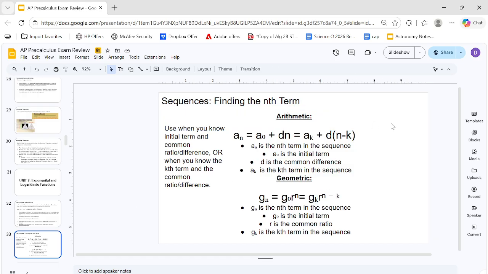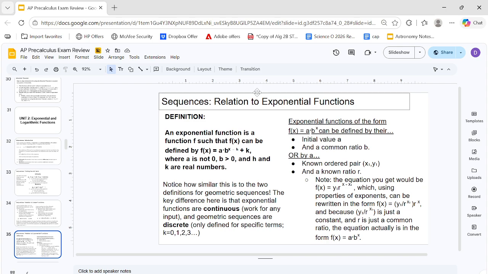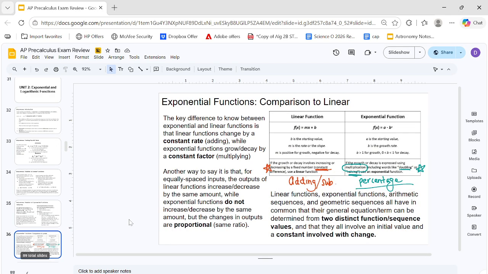Basically, they're very similar formulas, but one is for arithmetic, one's for geometric, and it's just based on whether it's a common ratio or a common difference. Alright, yeah, so arithmetic sequences are very similar to linear functions, and geometric sequences are very similar to exponential functions.